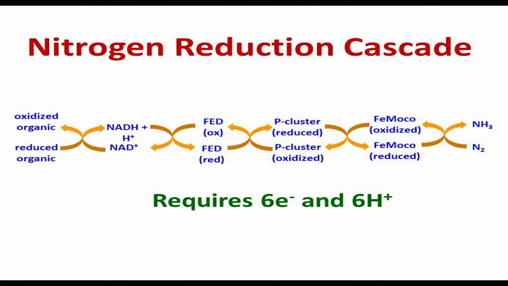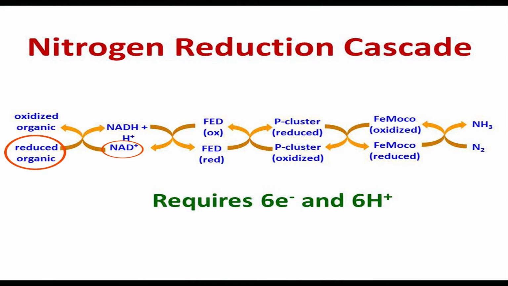Now, how does it get so many electrons, which are required for dinitrogen reduction? As one can see, the reduced organic gives electron and reduces NAD plus to NADH, and thereby is oxidized to oxidized organic.